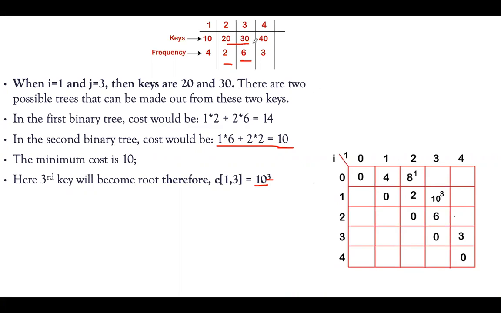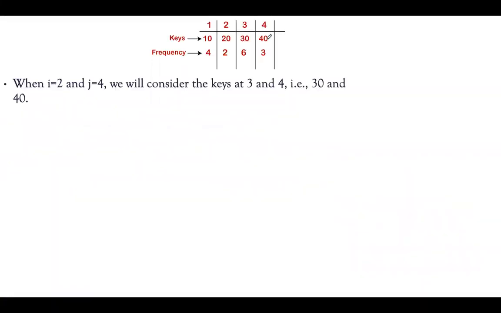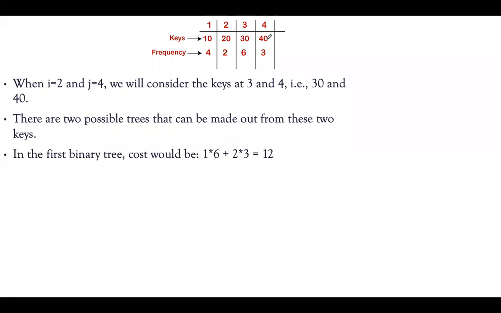Similarly, next we have to find out for 2, 4, that is considering 30 and 40 as key values. Now take this as root and this is child. 1 into 6 plus 3 into 2. Number of comparison for this is 2. So cost is 12. In the second tree, 40 is root and this is child.